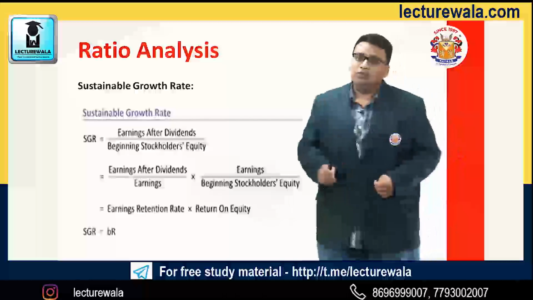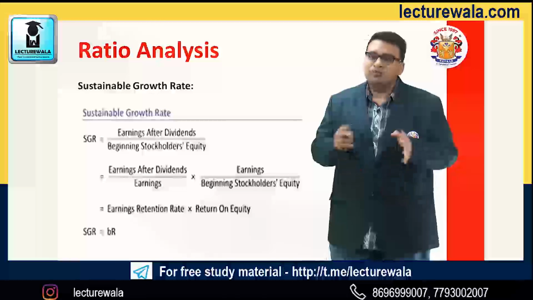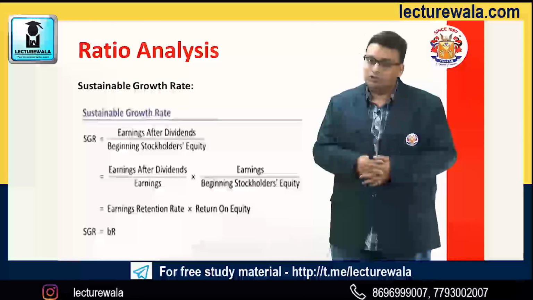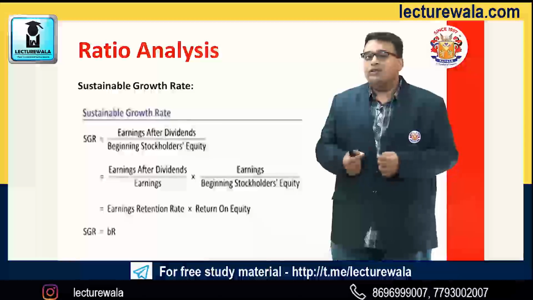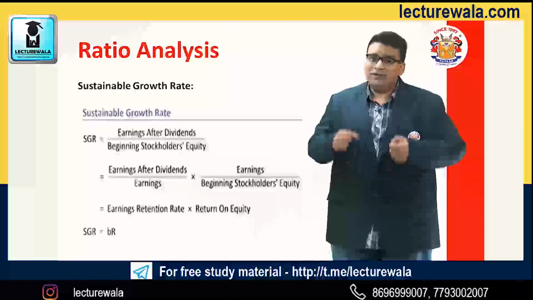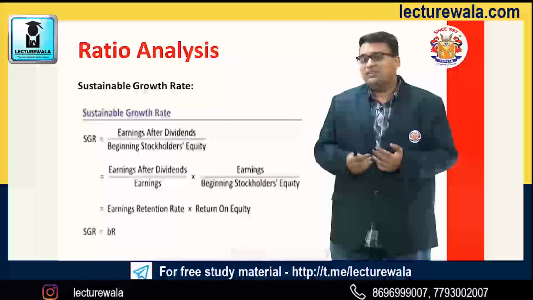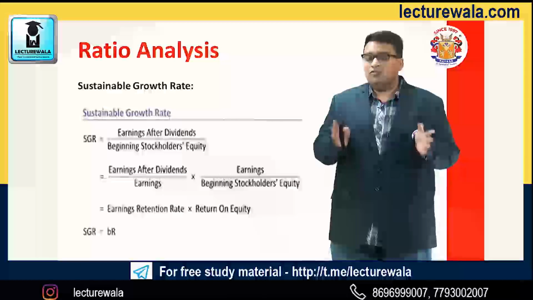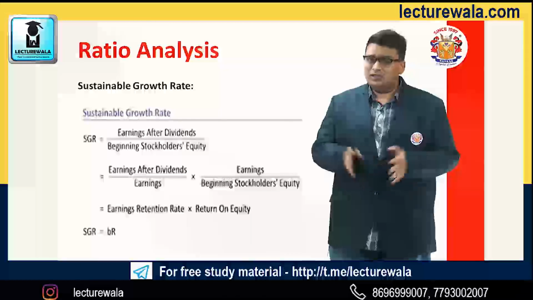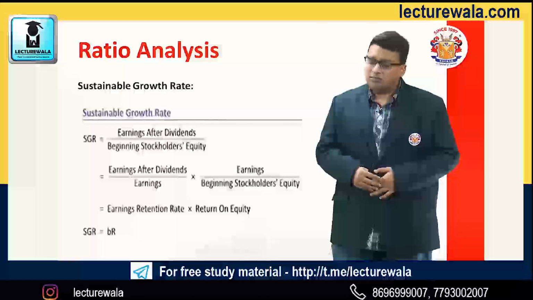Out of that portion you are retaining a certain portion for the benefit or growth of the company, that is known as retention ratio, and both these concepts help us derive the sustainable growth rate.